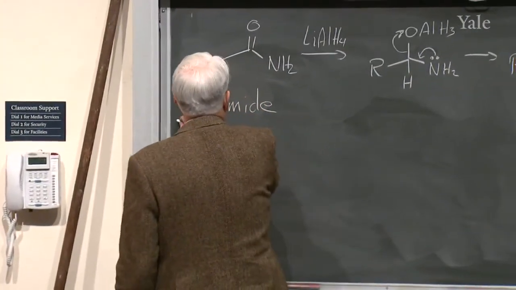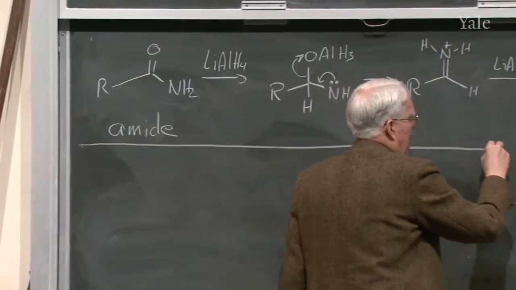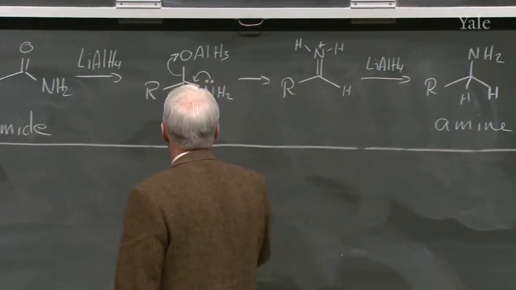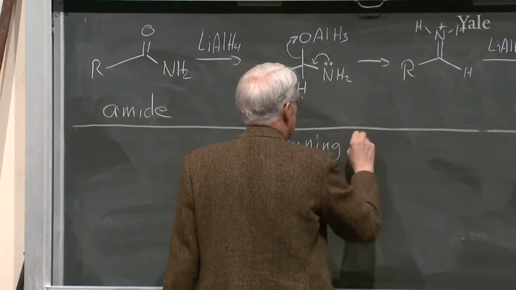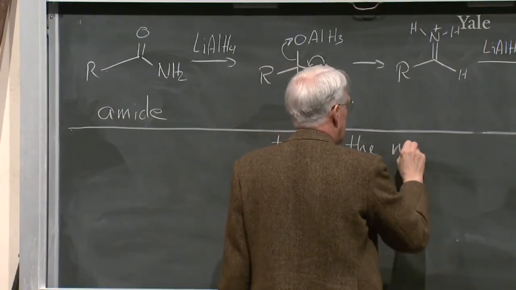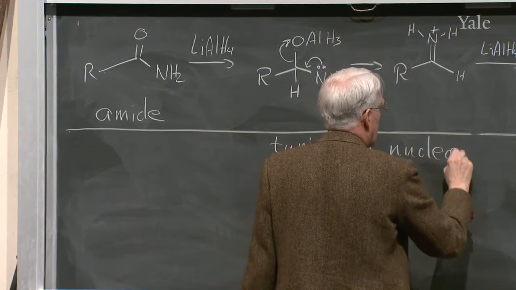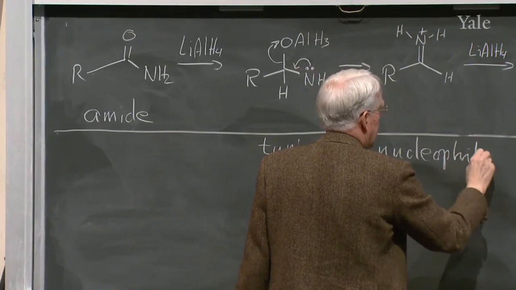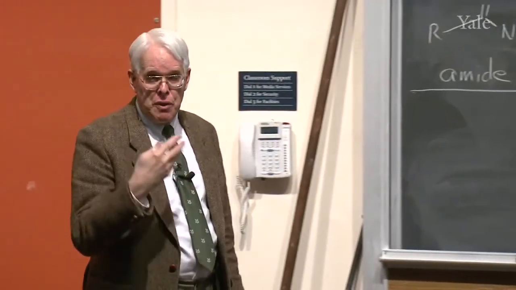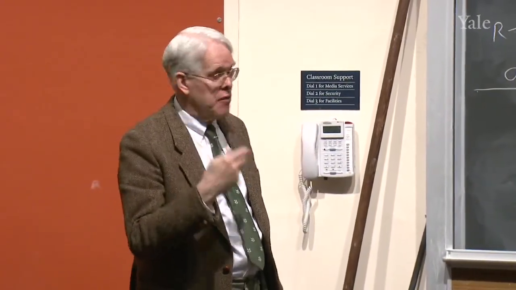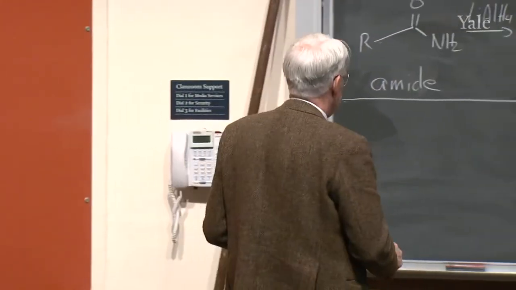And you can do that. You can stop by tuning the nucleophile, so that it's able to react in the first reaction, but not reactive enough to react in the second.